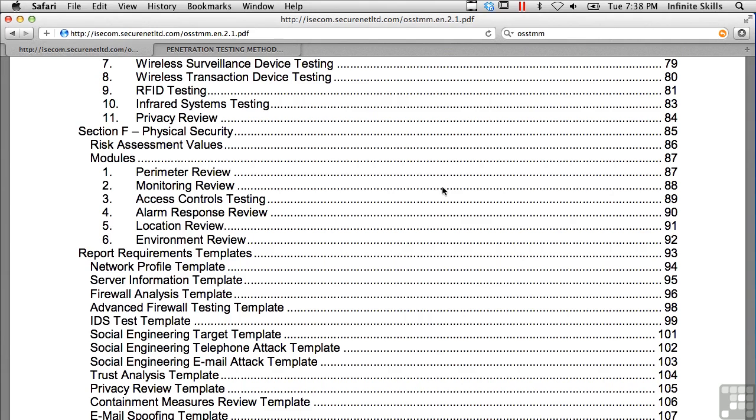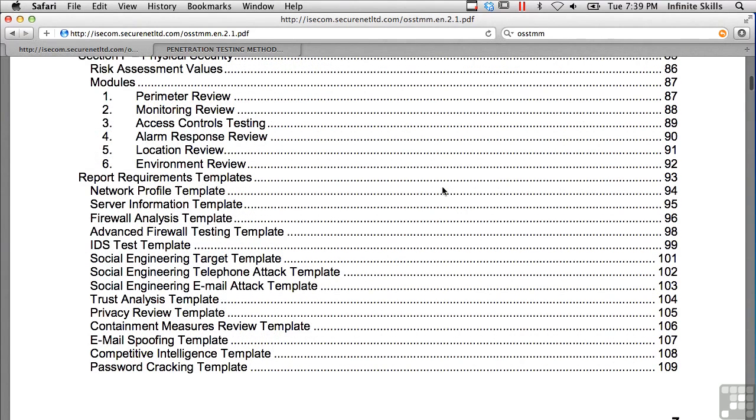This would fall under the environment review. There are things like a clean desk policy, and whether people have left information up on whiteboards that could be gathered by visitors coming through the building, or whether sensitive documents have been left out on people's desks.